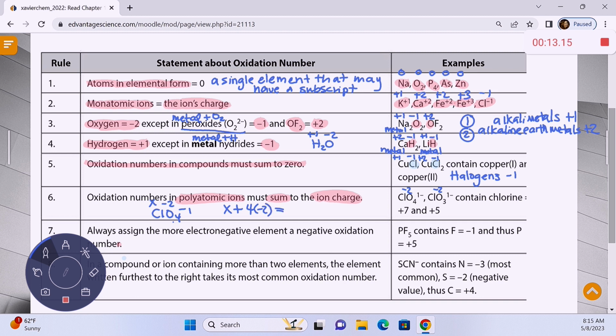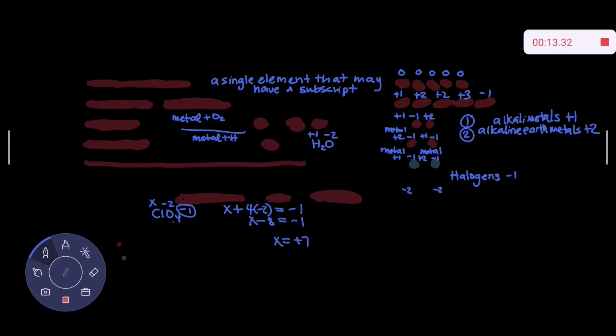These all add up to the charge on the polyatomic ion, which is a -1. Does that make sense? So X minus 8 equals -1. When you add 8 to the other side, X equals what? +7. So that means chlorine is a +7.